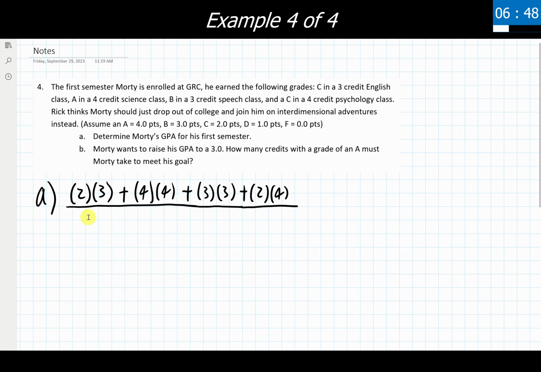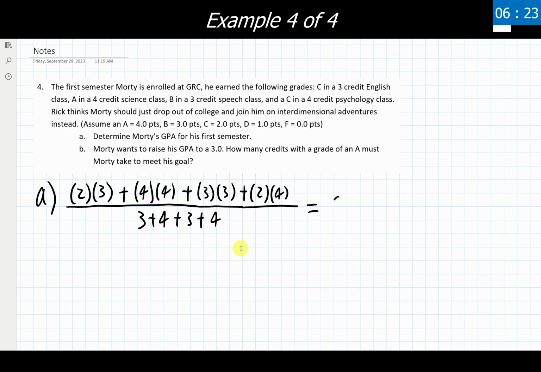Now at the bottom, we are adding the grade hours that he had with those classes. And grade hours are just the number of credits that each class is worth. So that's going to be 3 plus 4 plus 3 plus 4 down below. All of this information in the problem, and very similarly with your problems, must be given to you.